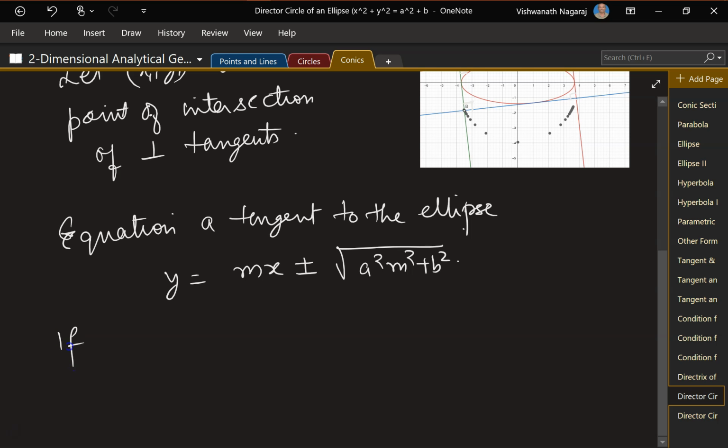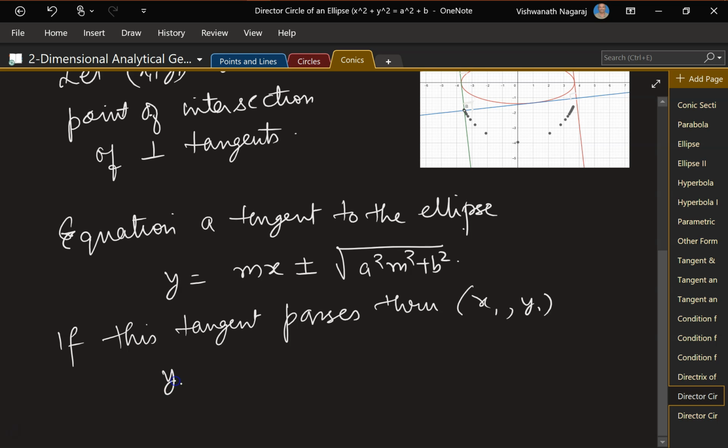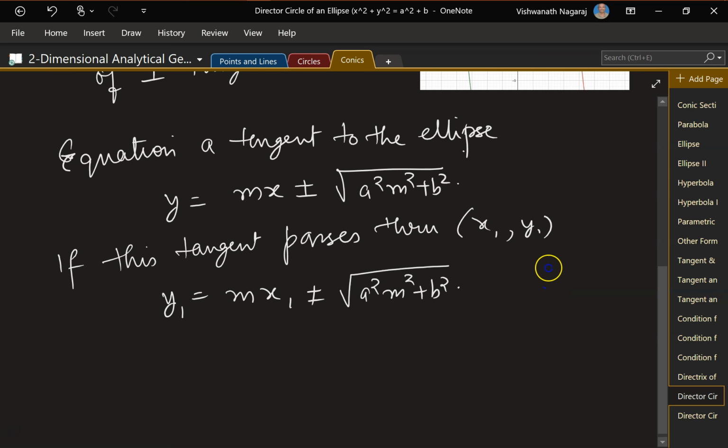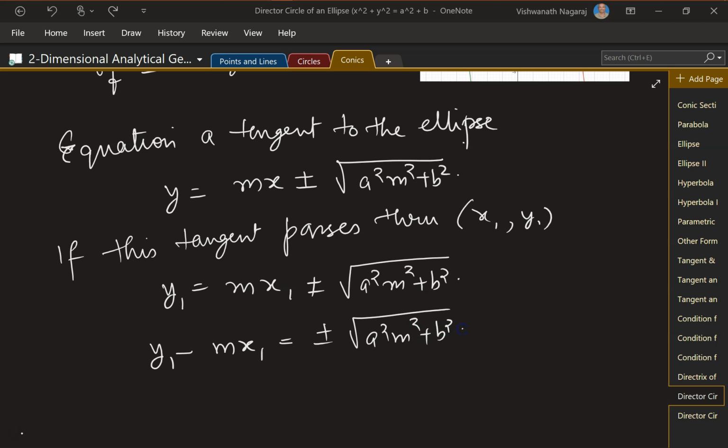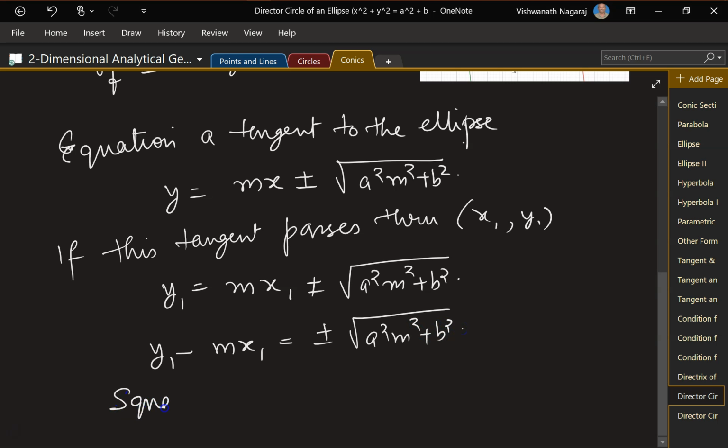So if this tangent passes through x1 y1, then we can write this equation as y1 is equal to mx1 plus or minus square root of a square m square plus b square, or y1 minus mx1 is equal to plus or minus square root of a square m square plus b square. Now let's square both sides.